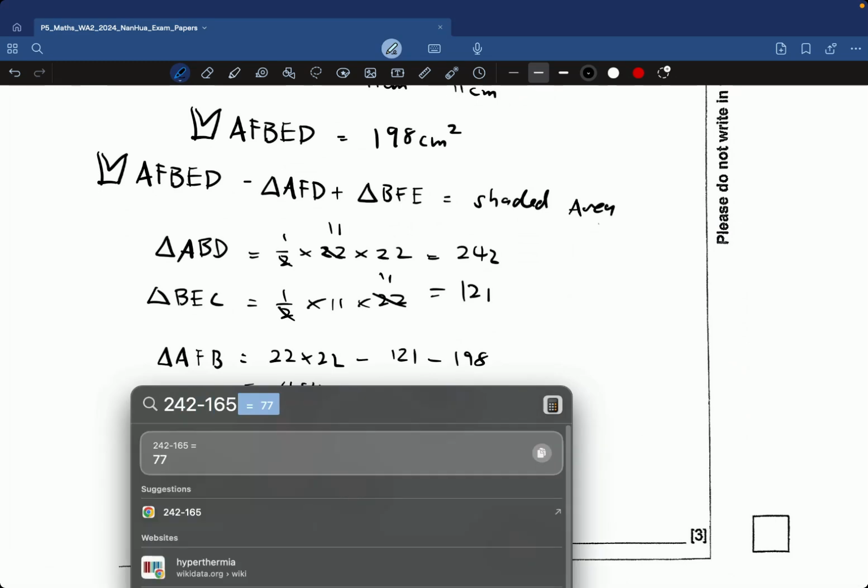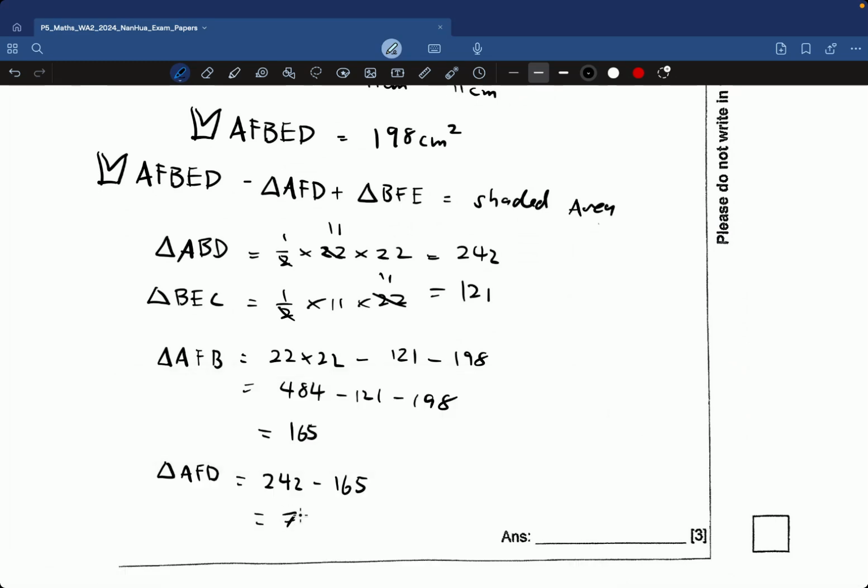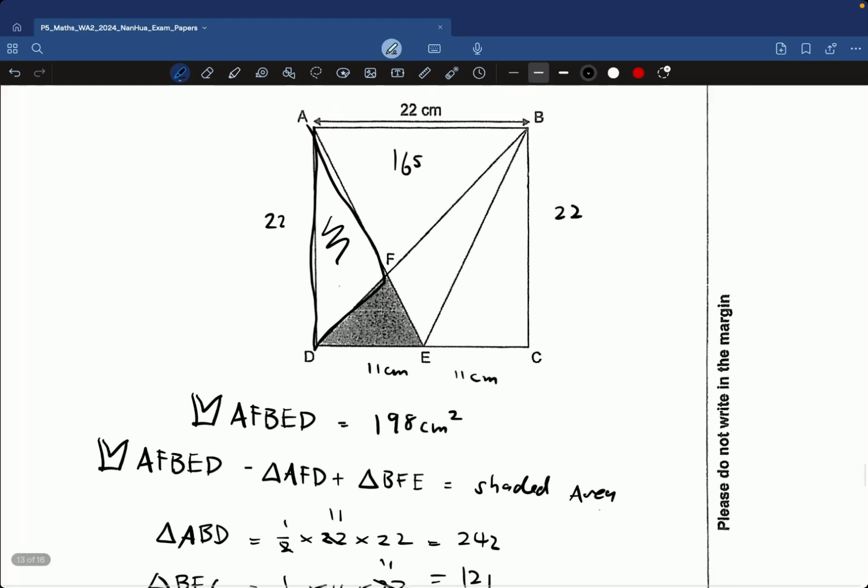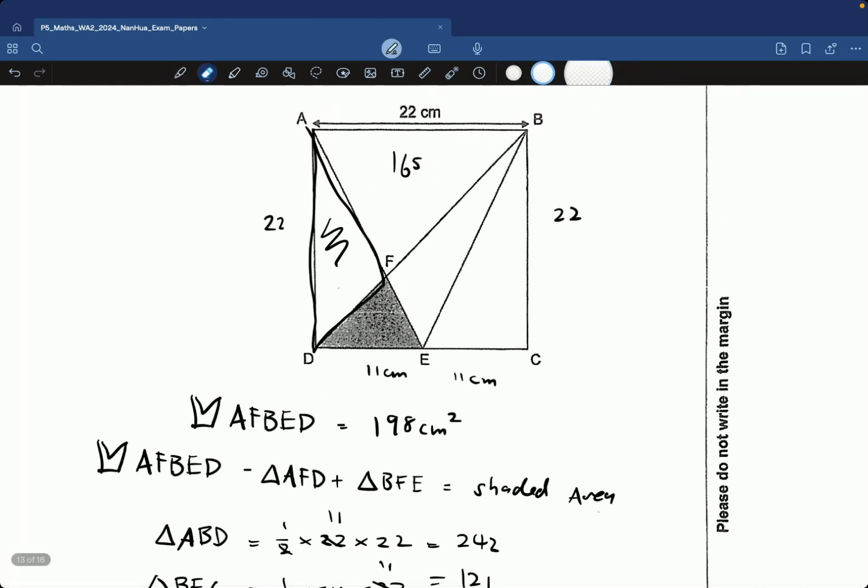This will give us 77. So now we know that this part over here is 77.